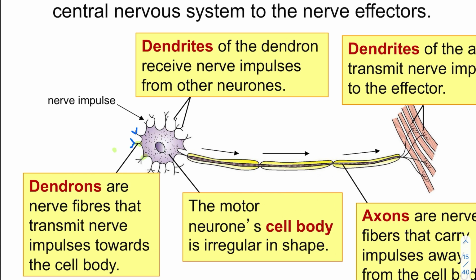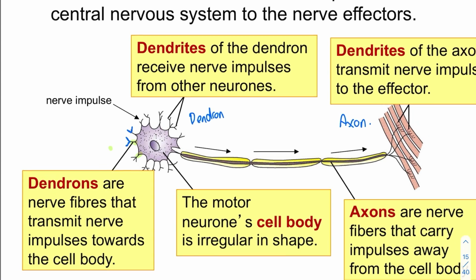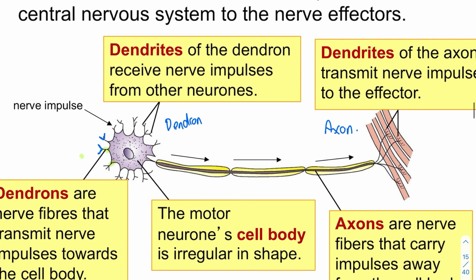The dendrons, on the other hand, are the nerve fibers that transmit nervous impulses towards the cell body, and that is where we will always see that the direction of nervous impulses is from the dendron end to the axon end. One way to remember is that axon sounds very similar to the word exit, so the nervous impulses tend to exit away in that direction.